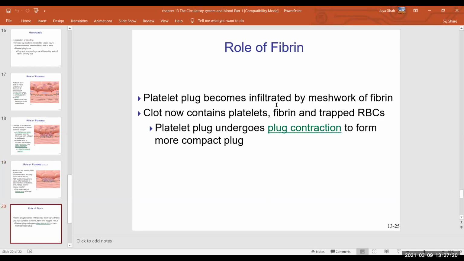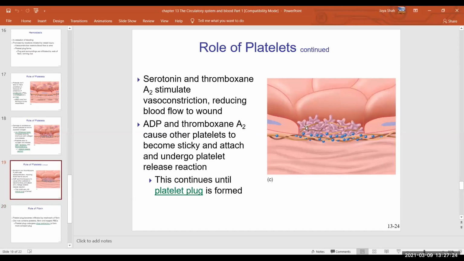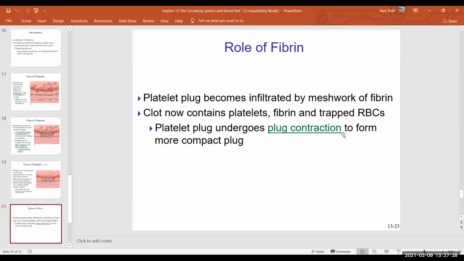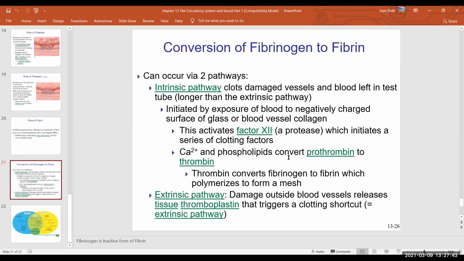The platelet plug becomes infiltrated by a meshwork of fibrin. As you see here, these are the fibrins. And the clot now contains platelets, fibrin, and traps some of the RBCs. And then the platelets contract and form a more compact, strong plug.